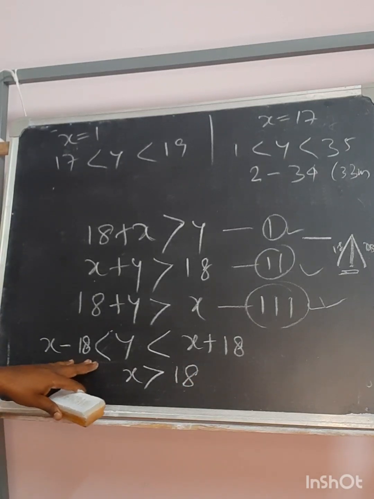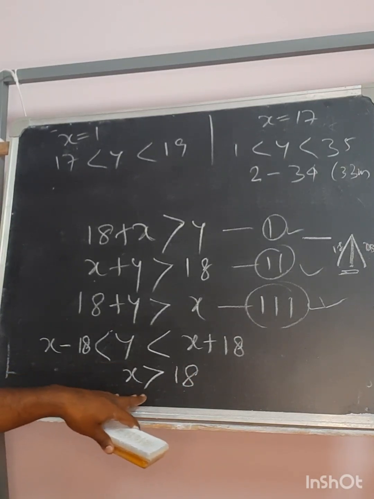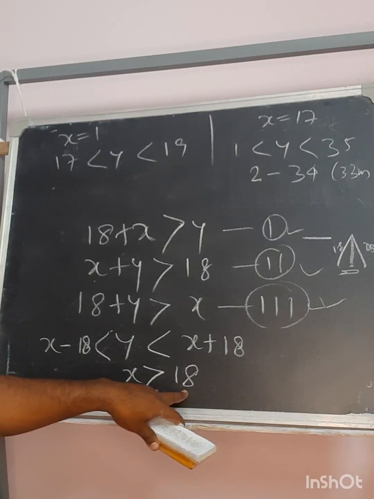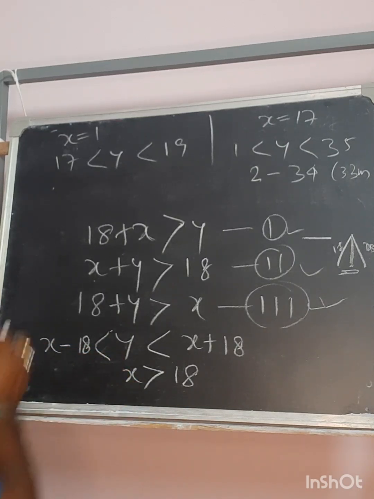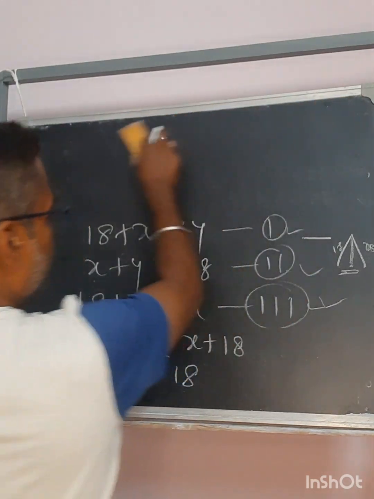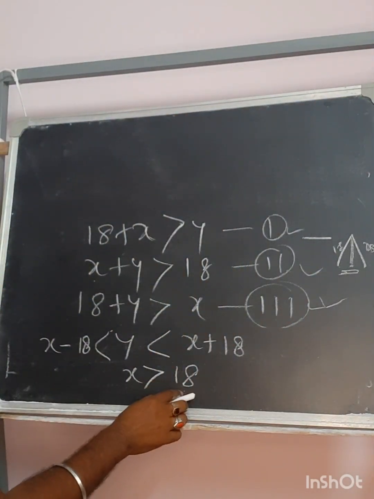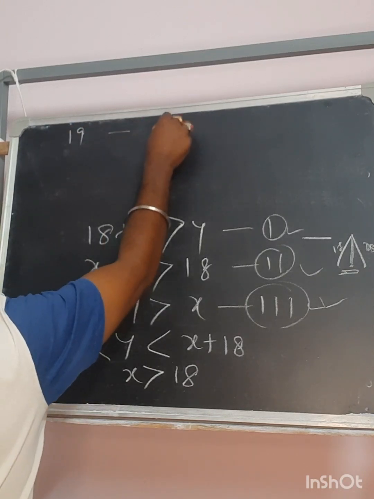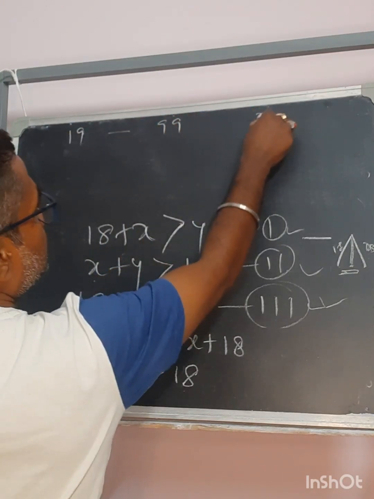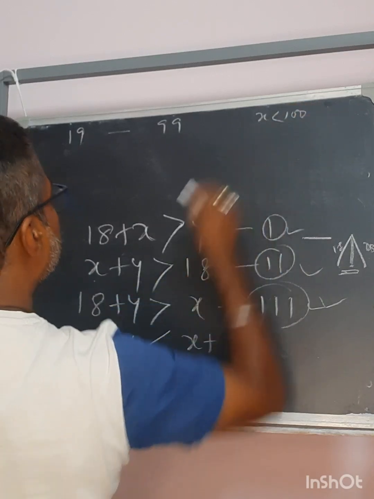Only then will this equation be satisfied, because any value less than 18 will give a negative value of y, which is not possible. So now see, if I put an x value of anything more than 18, starting with 19, and the limit is up to 99, because the x value is less than 100, which is already given in the sum.